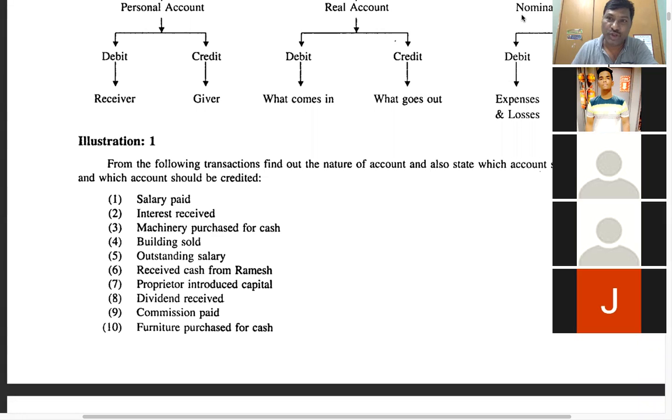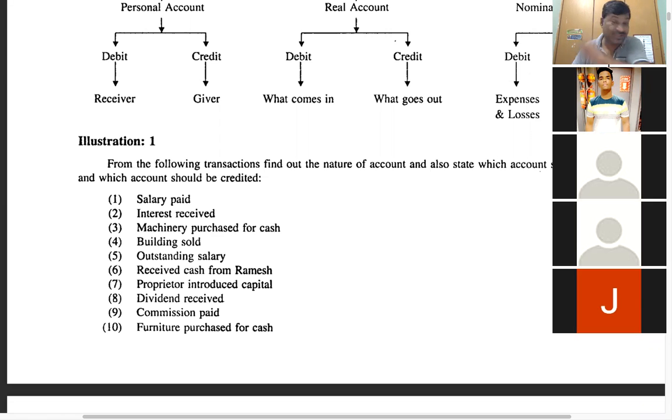Nominal account. Okay, so it is an income, therefore it is to be credited. Now, interest also will be paid. That's an expense, then it will be debited. Interest paid is debited. Interest received is credited.